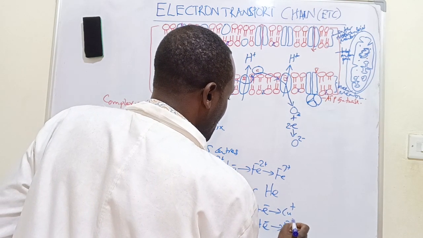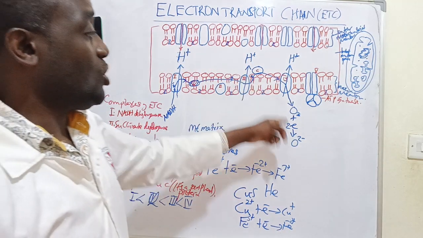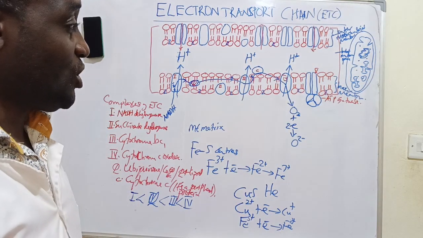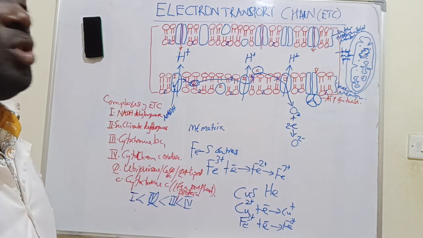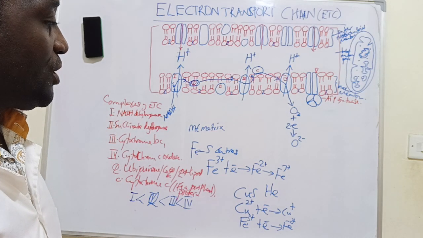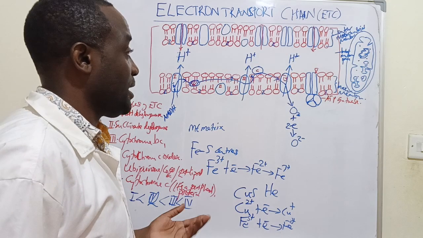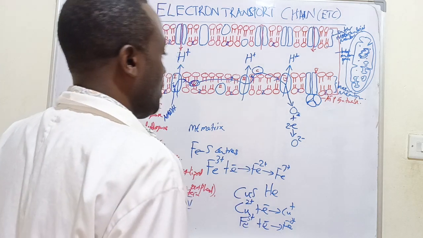When iron 2 loses the electron to the oxygen, it reverts back to iron 3, and the copper reverts to +2. So that is how it happens.